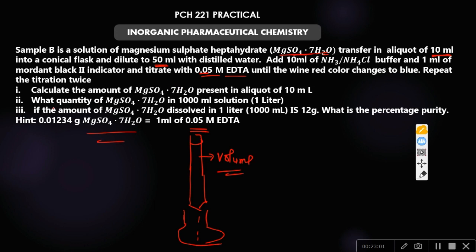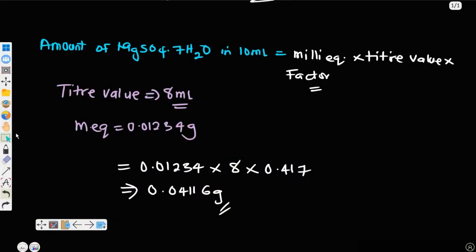Now, of that solution, what quantity of magnesium sulfate heptahydrate is in 100 mil solution? That is 1 liter. So it's very easy.